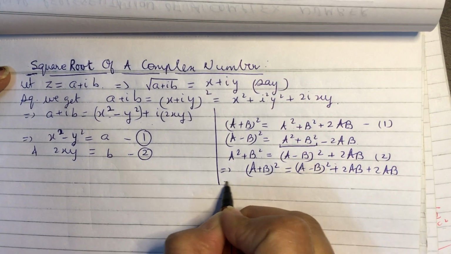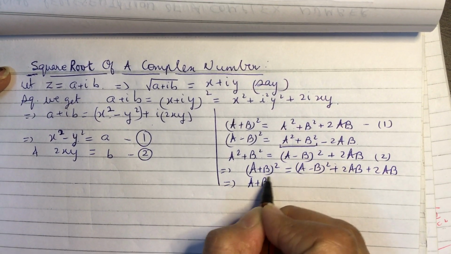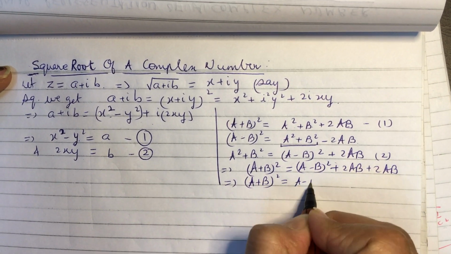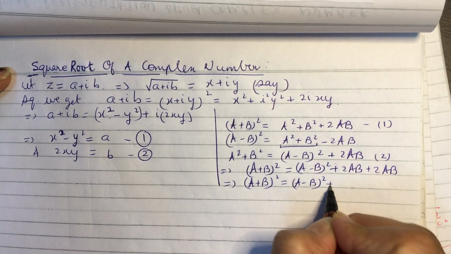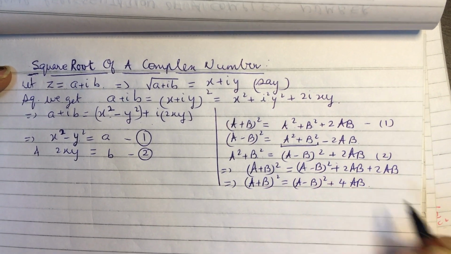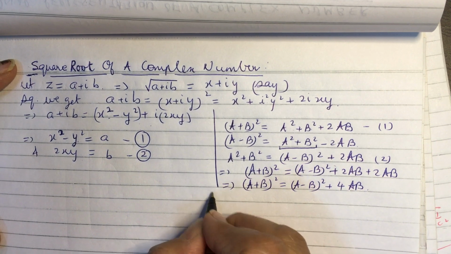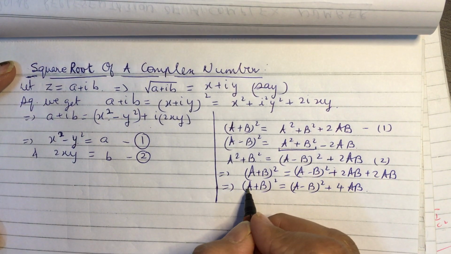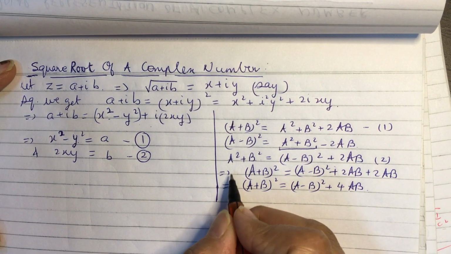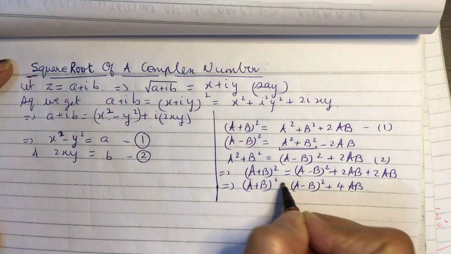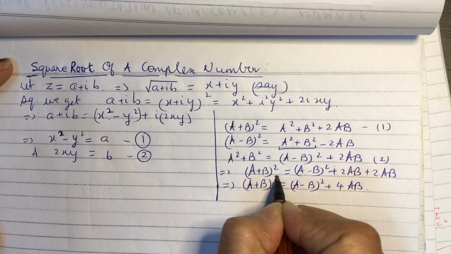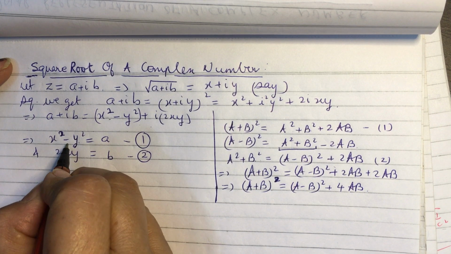So, we get (a plus b) whole square equal to (a minus b) whole square plus 4 times ab. This is the relation which you would have done in your class 9 or 10. We are using it to find the value of x square plus y square.